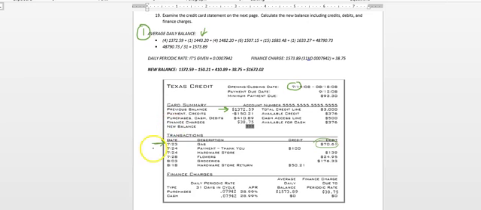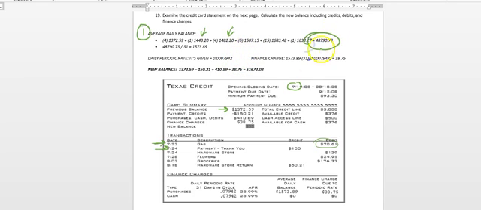It was only like that for one day because the next day you made a payment, which brought your balance down by your payment amount, which was $100. And so on and so forth.